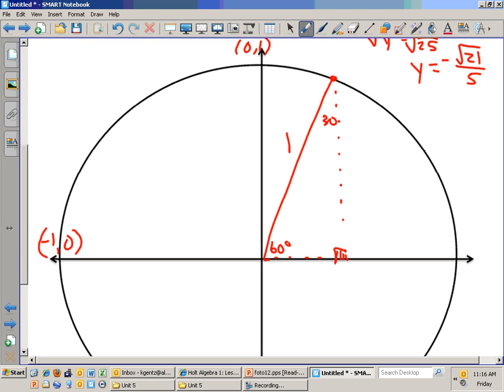What would that make the shortest side? Divided by 2 to get 1/2. What do I do with the shortest side to get this longer side? Multiply it by the square root of 3. 1/2 times the square root of 3 is the square root of 3 over 2. So my x coordinate is 1/2, and my y coordinate is the square root of 3 over 2.